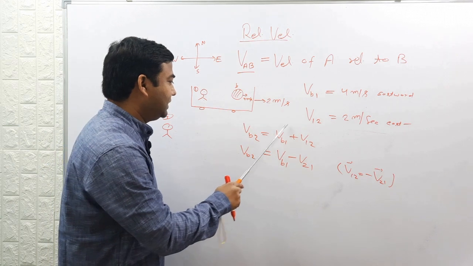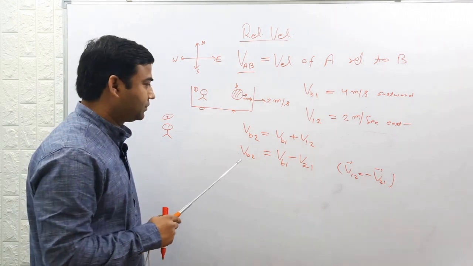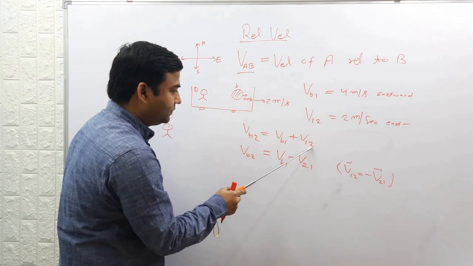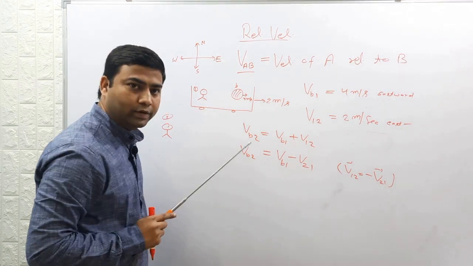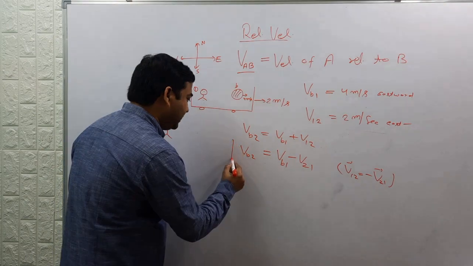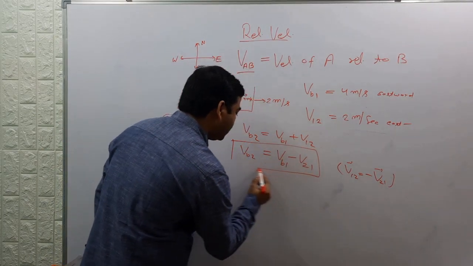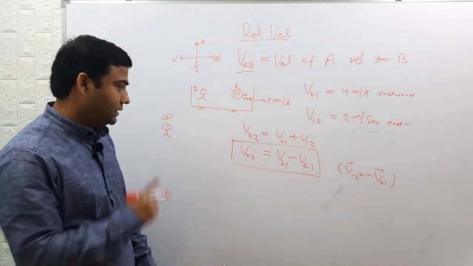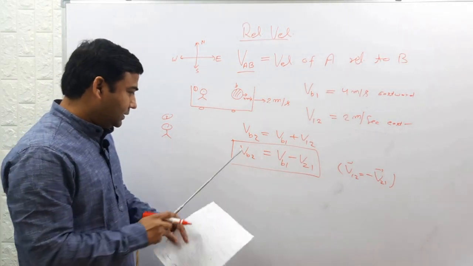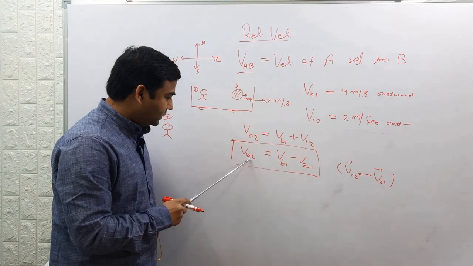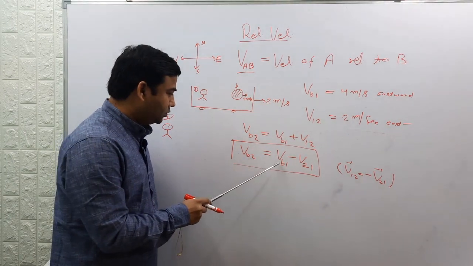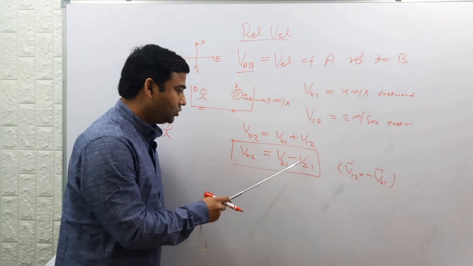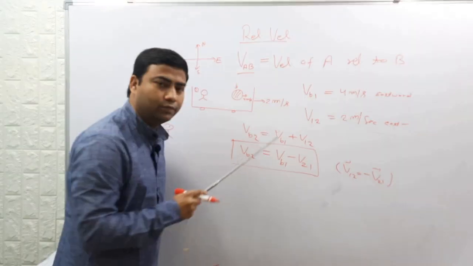So these two vectors are negative vectors, so I have written V12 as minus V21. This is also a very important equation of relative velocity. Here what you see is: velocity of ball with respect to 2 is equal to velocity of ball with respect to 1 minus velocity of 2 with respect to 1.